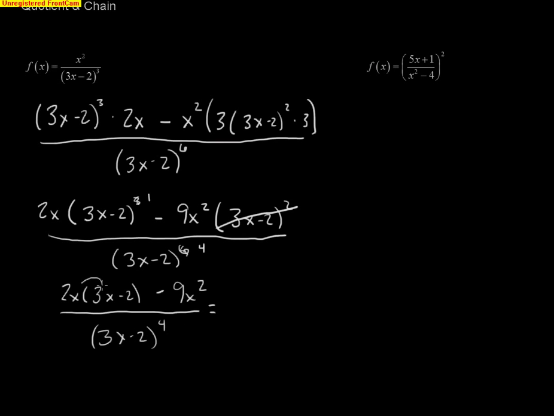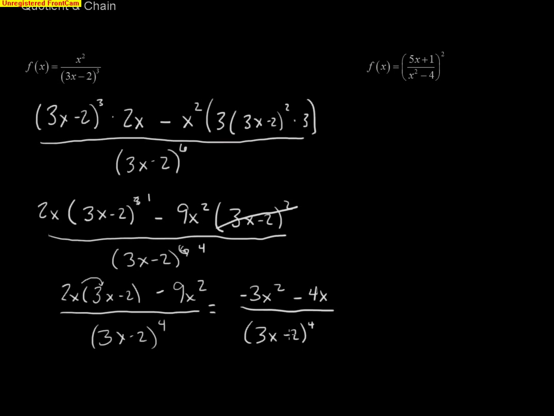Alright, so here we're going to have 6x squared minus a 9x squared, that's minus 3x squared, 2x minus 2, that's going to be distributed as a negative 4x over the quantity 3x minus 2 to the 4th. So there was one involving the chain rule with the quotient rule.